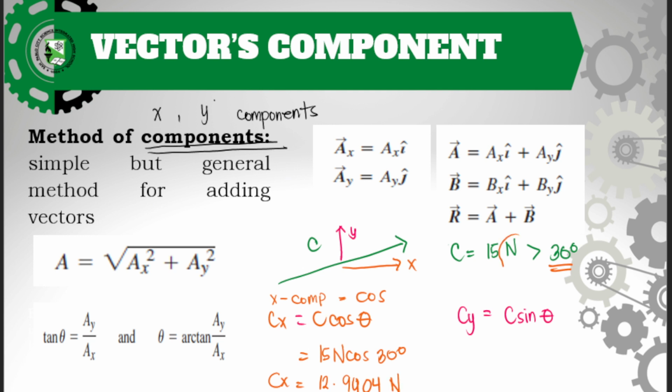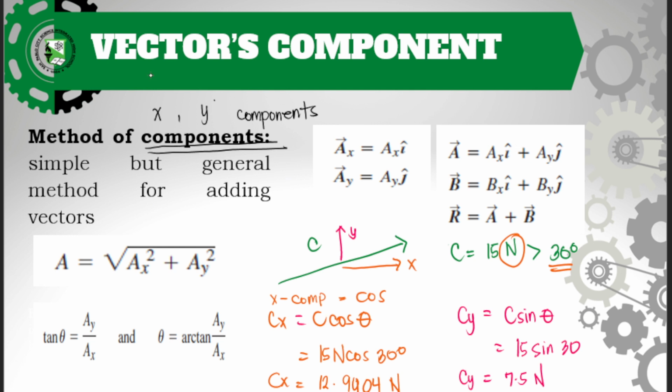Kasi newtons yung unit. Next, kapag Cy naman, same method, 15 sine 30. Cy is equal to 7.5 newtons. So that is how we get the components of a vector or a resultant vector.